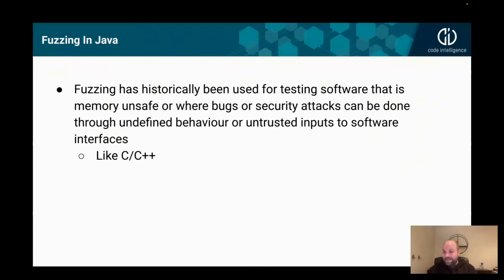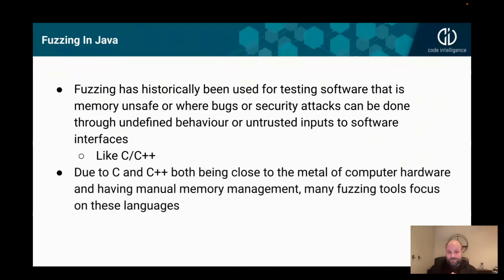These are the classic low-level programming languages. C and C++ are both close to the metal, and because of this, they both have manual memory management.